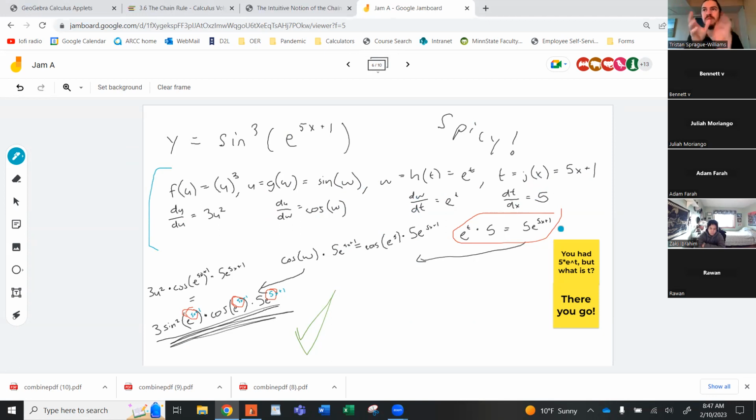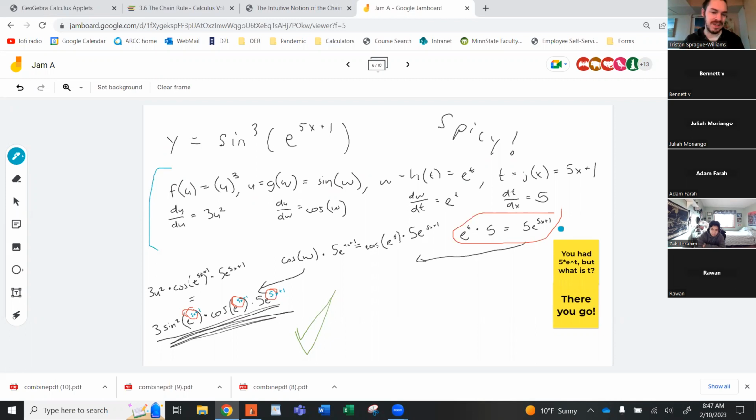One composition would mean two functions, right? f and g, f of g of x. One function stuck inside of another. But if you have more than those two layers, there are multiple compositions, and you're repeating the chain rule. You're chaining the chain rule together, which is a funny way to say it.